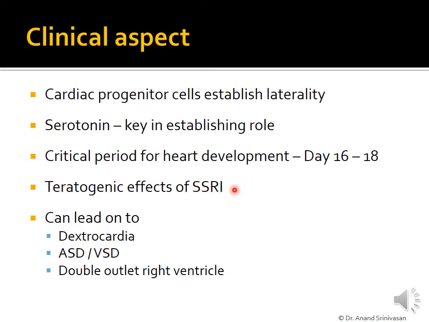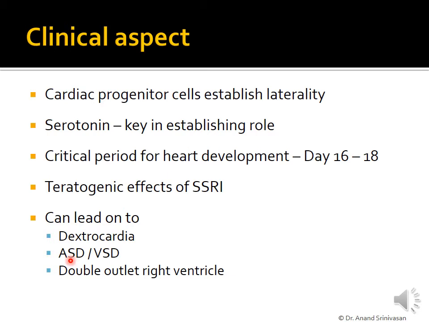So if the serotonin levels come down during this critical period, that's between day 16 and 18, it can lead to various congenital heart defects like dextrocardia, the one which we have seen right now, where the heart is located on the right side rather than on the left.